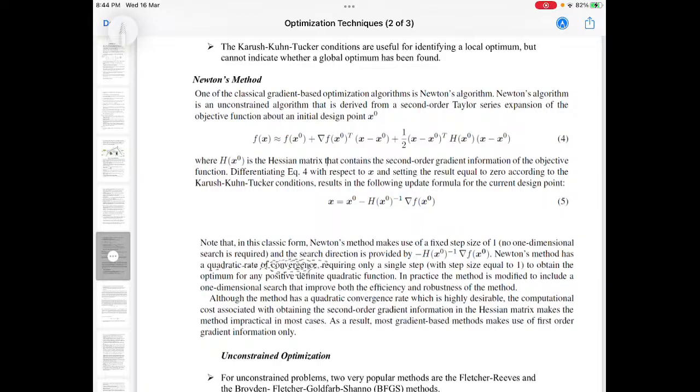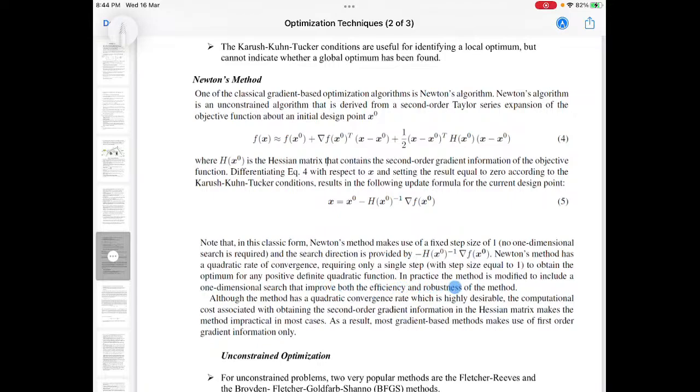Here we can see whether a particular function diverges or converges, and here it converges at a quadratic rate. In the case of Newton's method, the function converges at a quadratic rate, requiring only a single step. The step size is equal to 1 to obtain the optimum of any positive definite quadratic function.